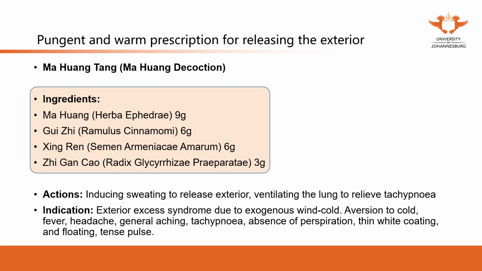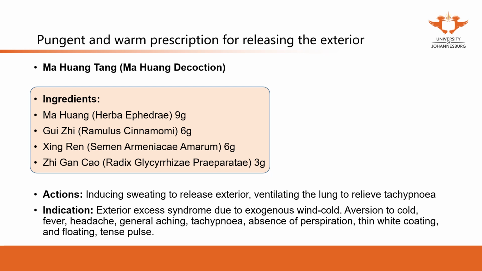These two different categories are used for two different types of exterior syndrome. One is exterior coldness, the other one is exterior heat. So the pungent warm prescriptions are used for exterior coldness. The first formula, Ma Huang Tang, tang, the direct translation is decoction, so it's Ma Huang decoction.